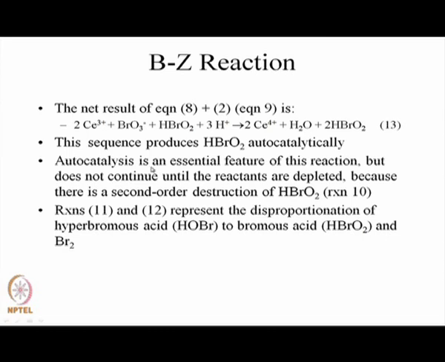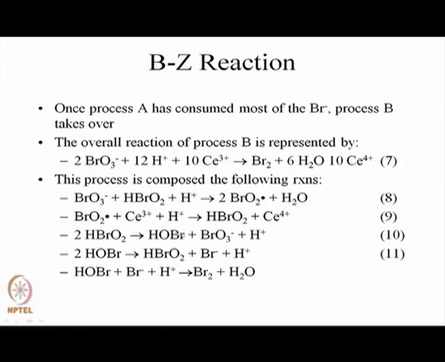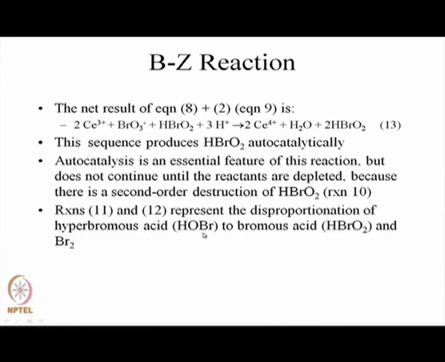So, autocatalysis is an essential feature of this reaction, but does not continue until the reactants are depleted, because there is a second order destruction of HBrO2 in reaction 10. Reactions 11, 12 represent the disproportionation of hypobromous acid to bromous acid and Br2.